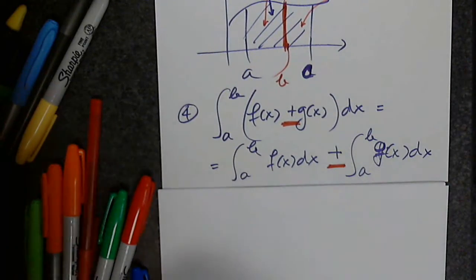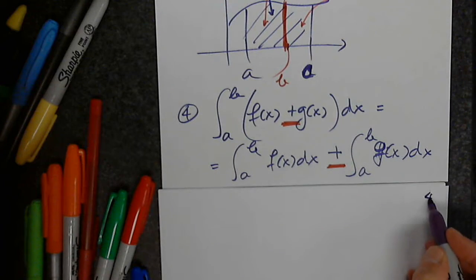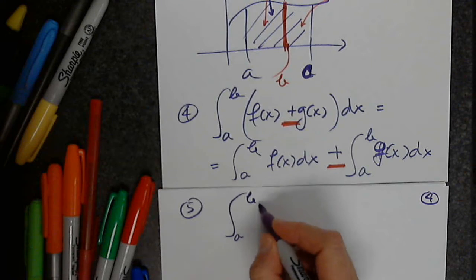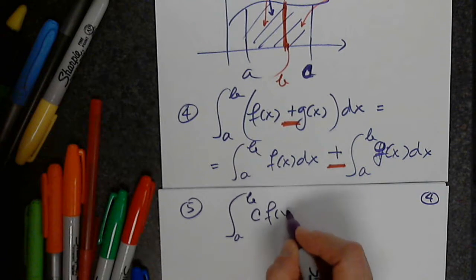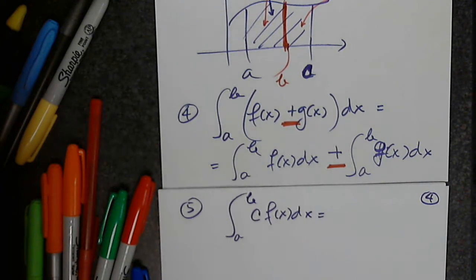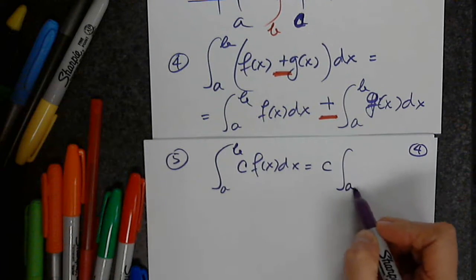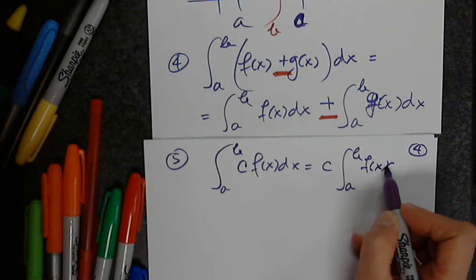Property 5. The integral from a to b of a constant times f of x dx. Exactly what happened with the summation notation or the limit notation or operator. It is c times the integral from a to b of f of x dx.